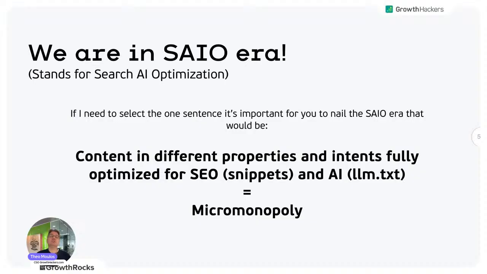Let's assume that for me, the personas in Growth Hackers are, for example, people that just got into marketing, or startup founders, or CMOs in big organizations. So these are the personas. And then I have a different set of keywords.